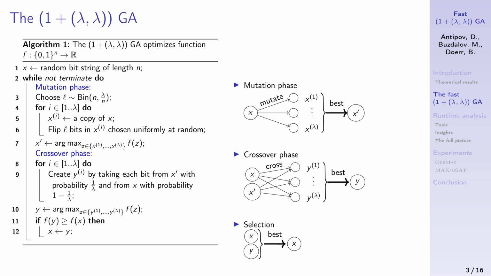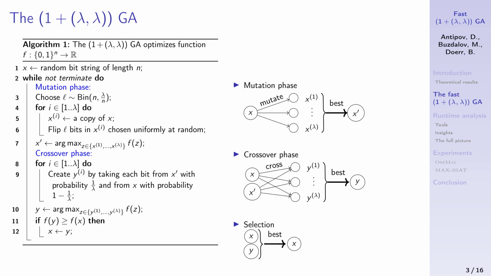The 1+(λ,λ) GA is a genetic algorithm which is a little bit unusual because it uses crossover after the mutation. It works as follows. It keeps only one individual, which is initialized with a random bit string, and then it performs iterations which consist of the mutation phase and crossover phase.